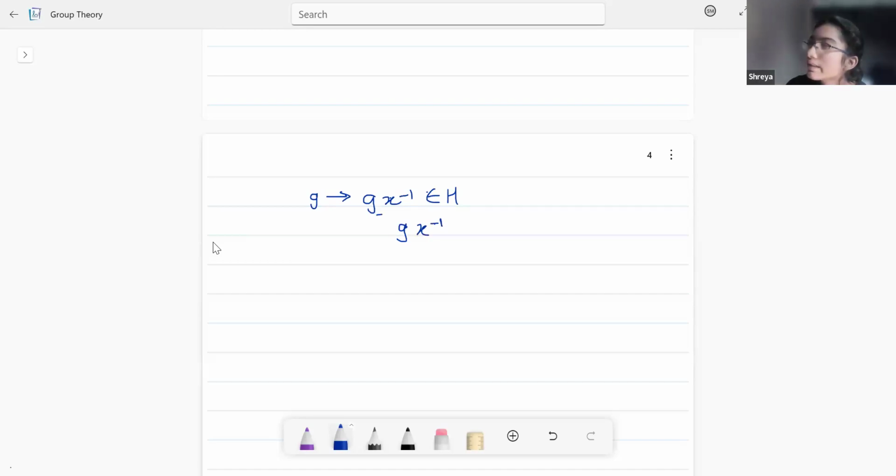Okay, it's kind of better to look at the other side. It doesn't make any difference.